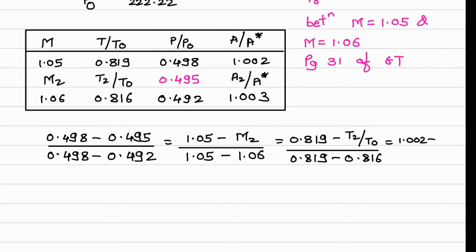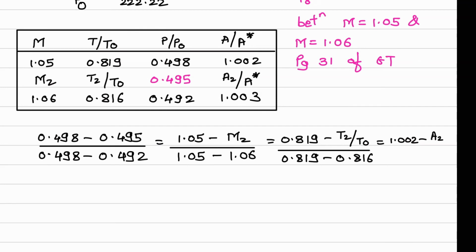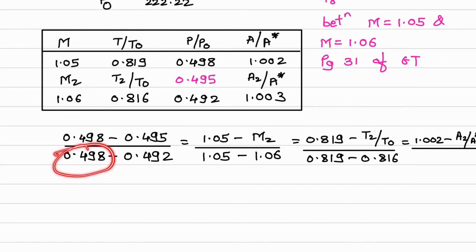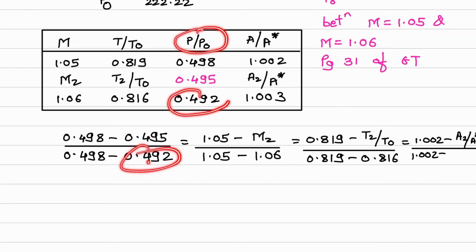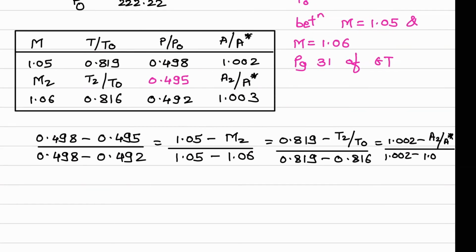Okay, so I'll write down here A2 by A star divided by, for 0.498 pressure ratio, again area ratio is 1.002 minus, for pressure P by P0 0.492, what is the area ratio? 1.003 minus 1.00.